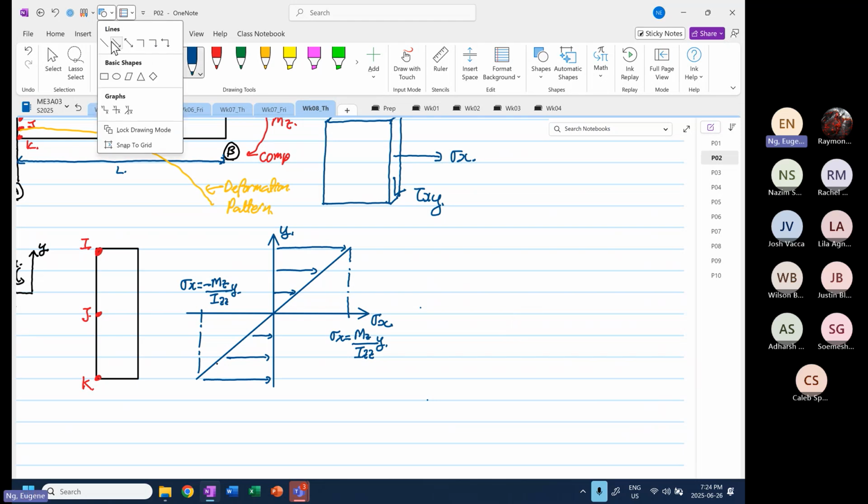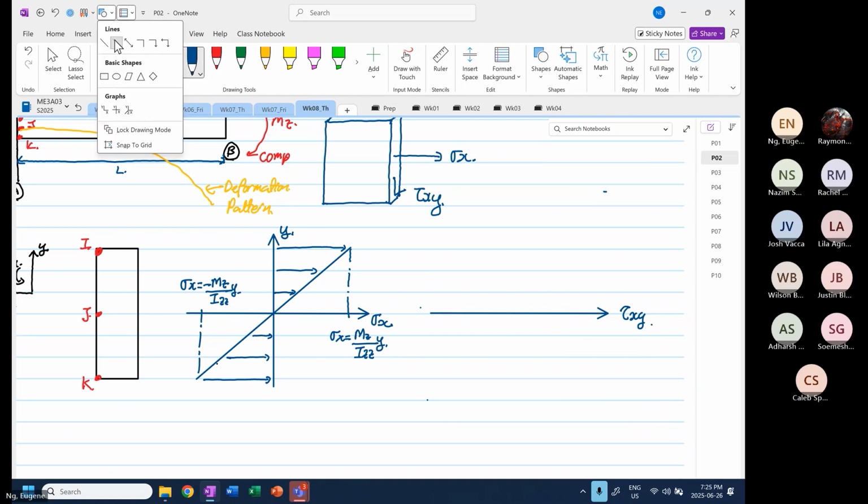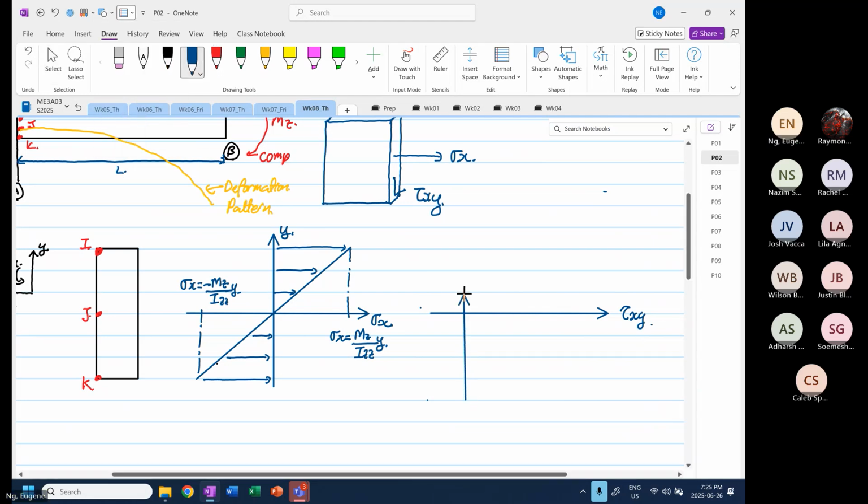Over here, this is our shear stress, and this is our Y. So how will the shear stress look? The shear stress will look like this. Later on, we're going to derive this. The shear stress will have a distribution looking like this.